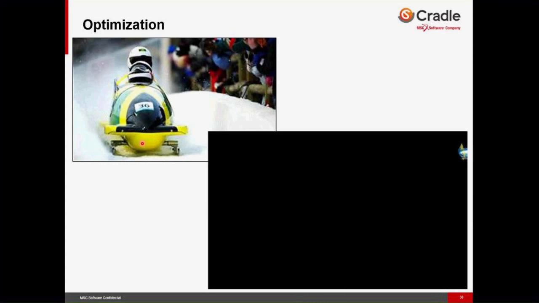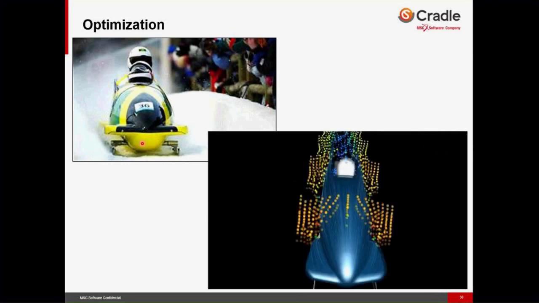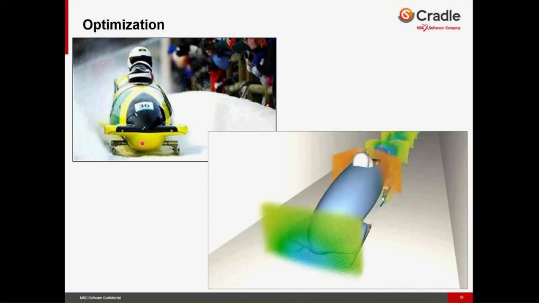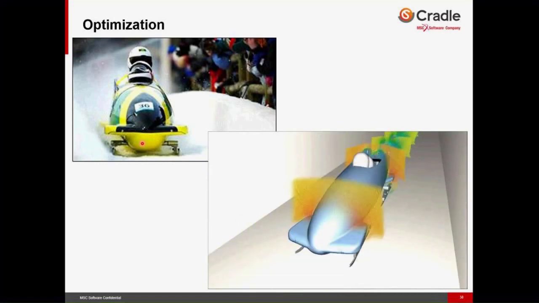Now, traditionally, Japanese national bobsleigh teams have been using foreign countries' bobsleigh machines. And more than 100 small companies in Japan gathered together to develop a made-in-Japan bobsleigh.